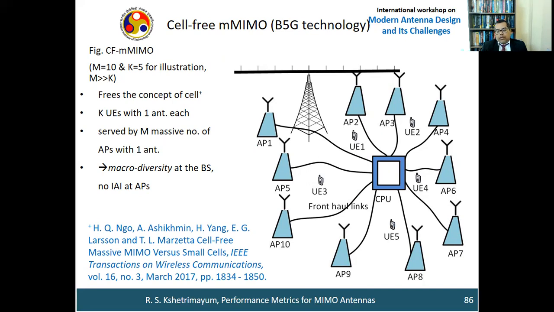So all the geographical areas will be surrounded by many access points, and at any particular place or location, user equipment will always be surrounded by access points. So the user will get the best benefit out of this. It will be getting the best service from the nearby access point. So this is called the user-centric approach.